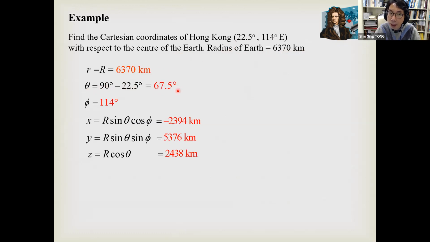So that is the polar angle, and the longitude gives you the azimuthal angle phi, 140 degrees. So you just plug in these angles and the radius of the Earth into that standard transformation, and you will be able to get the XYZ coordinates of Hong Kong. Okay, so that is referring to a particular Cartesian coordinate system.